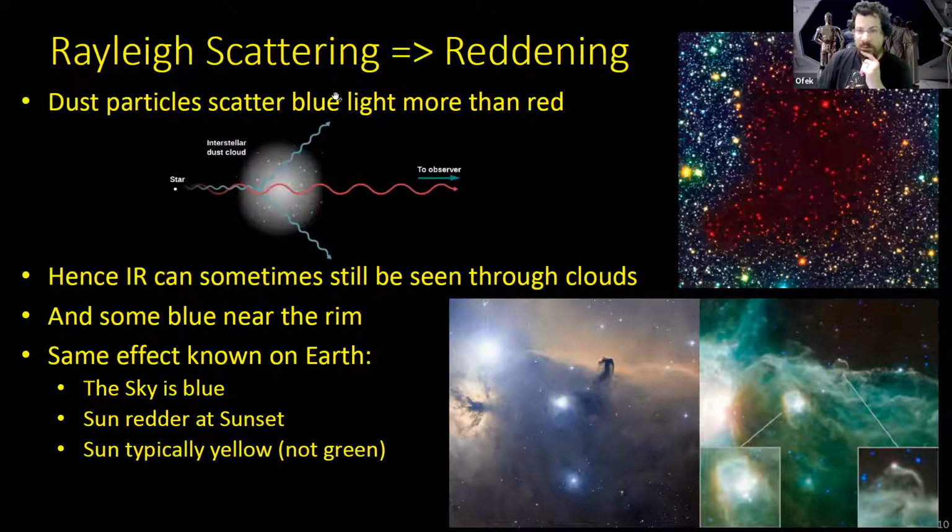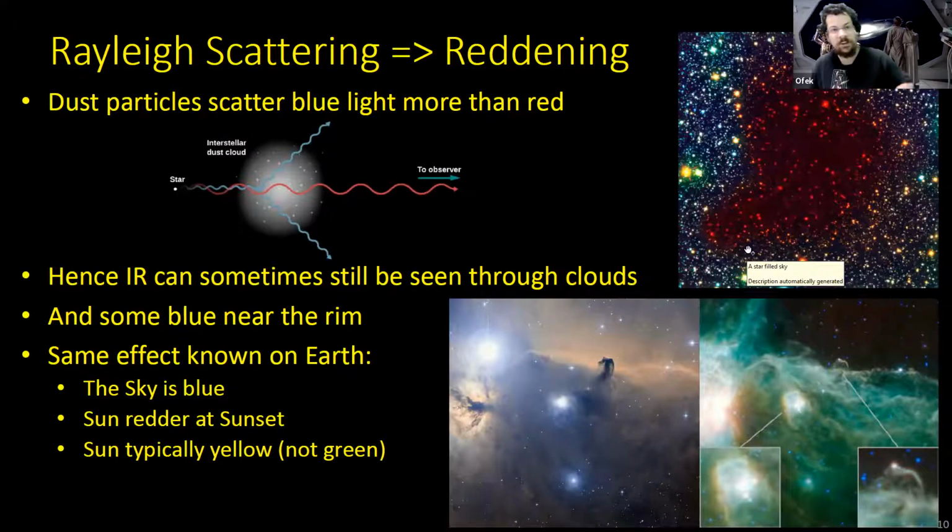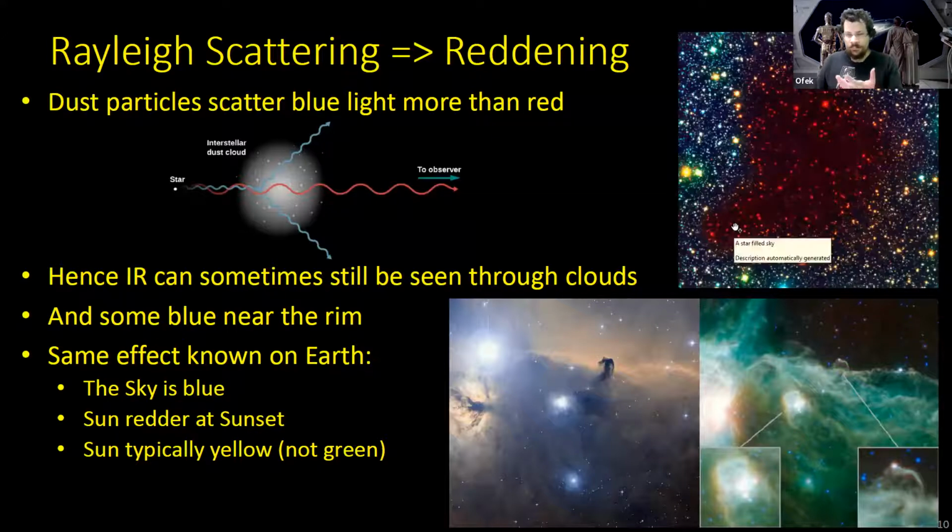We also mentioned the Rayleigh scattering effect, which is that these particles tend to scatter blue light more than they scatter red light. And that means that if we look at the same Barnard 68 cloud from before, but now not only in visible light but in infrared radiation, then we see that indeed this nebula is scattering the blue and the visible light, but the red is still there.